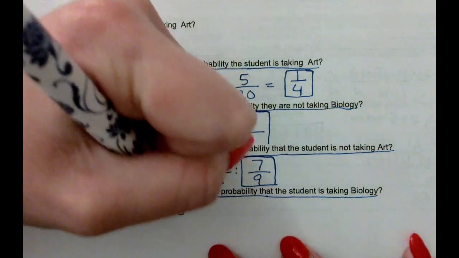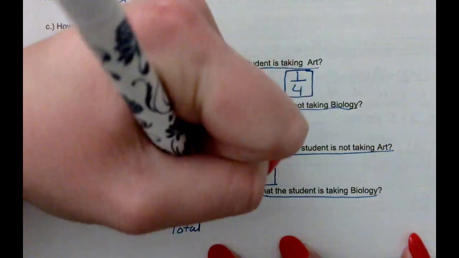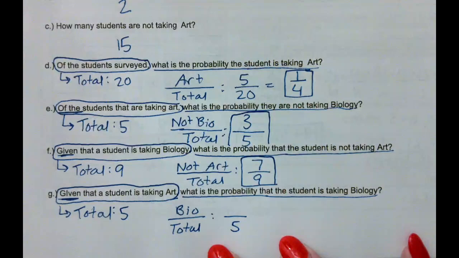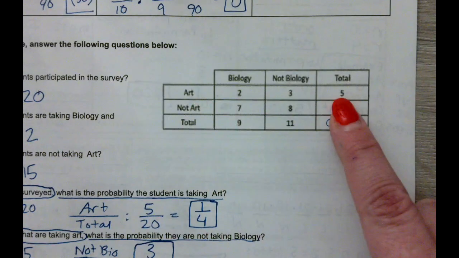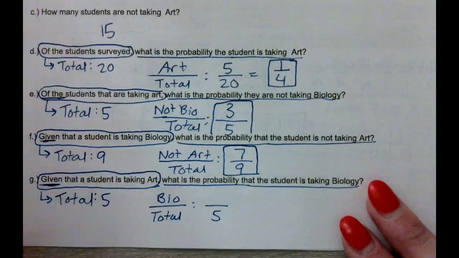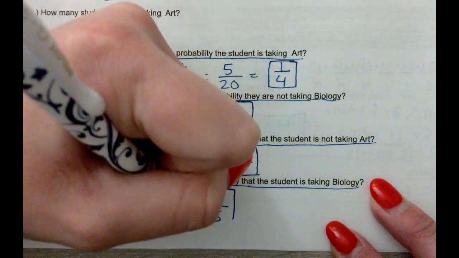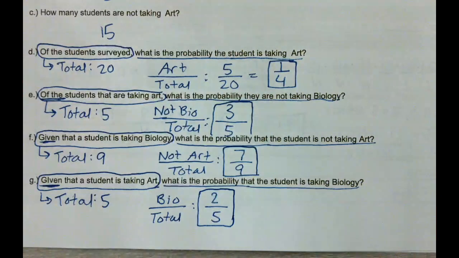So we want those who are taking bio out of that total. Out of these 5 students, how many are taking biology? Let's look. 5 art students, 2 of them are in biology. So 2 out of 5. And that's it.